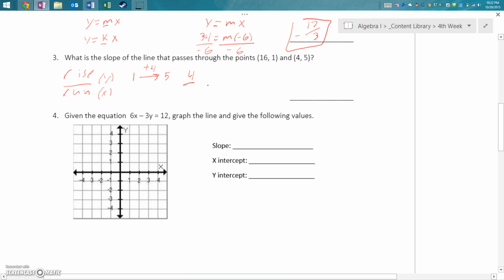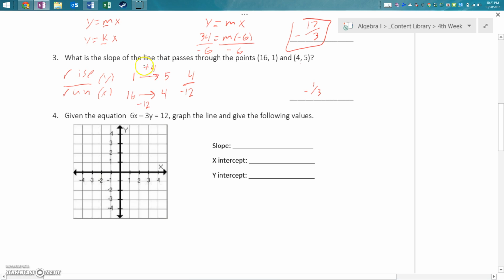Okay, do the same thing from 16. How far do you have to move to go to 4? And again, those are my x values. Okay, well 16 I'm going to have to subtract, and that would be, think it out, minus 12. So that would be my slope, 4 over 12, which you could reduce down to 1/3.